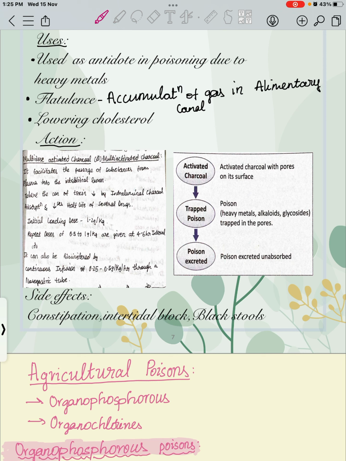Because the multi-dose activated charcoal facilitates the passage of substances from plasma to the intestinal lumen. Activated charcoal has pores on its surface, and poisons such as heavy metals, alkaloids, glycosides are trapped in the pores of that activated charcoal, and the poison can be excreted unabsorbed.